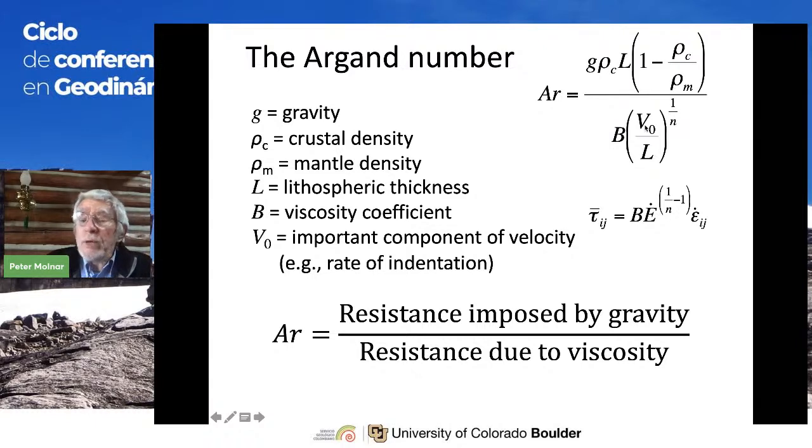Well, to get something with units of strain rate, take a boundary condition velocity, V0, divide by some dimension like lithospheric thickness, and this has the units of strain rate, and it's a sensible quantity scaling strain rate. And so this whole product in here has a sensible scaling that's the resistance due to viscosity, the stress due to viscous processes.